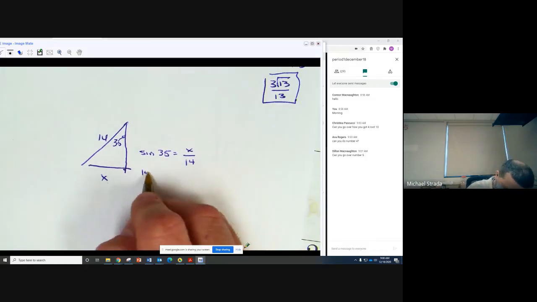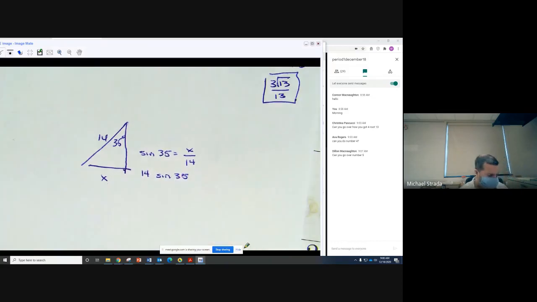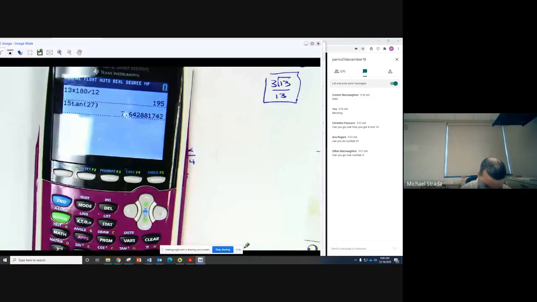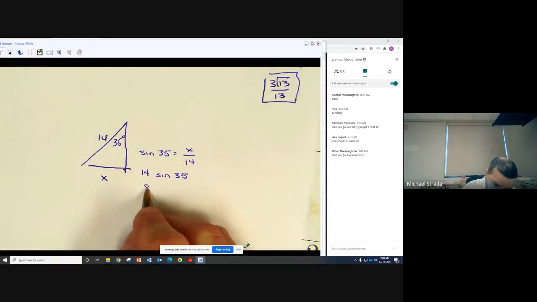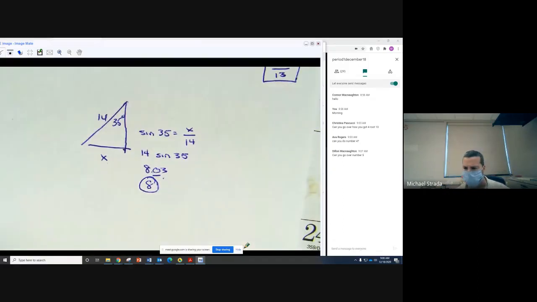I'm going to multiply both sides by 14. I get 14 sine 35. I go to my calculator and I do 14 sine 35, and I get 8.03. The tenths place is 0, and underneath it is the number, so that's why it's 8. So that would be number 5.